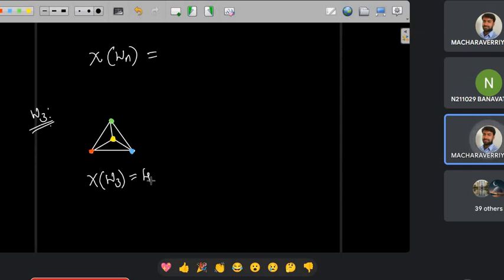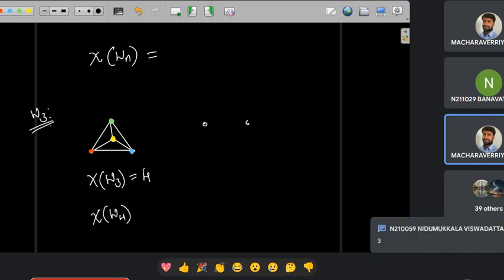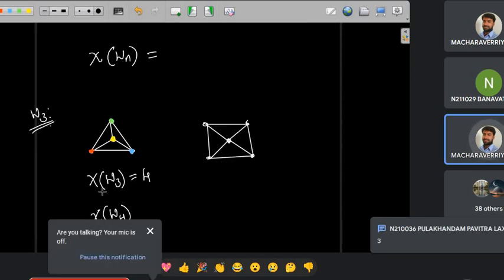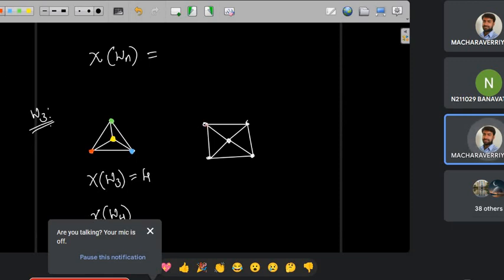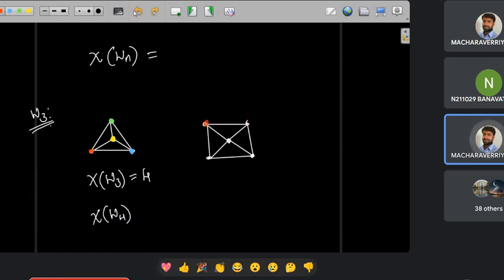So how about the chromatic number of W4? Yeah, so this is W4, right? Okay, you're saying 3. Now first you can find the mutually adjacent vertices. So you assign 3 different colors, because I hope you can find 3. Yeah.